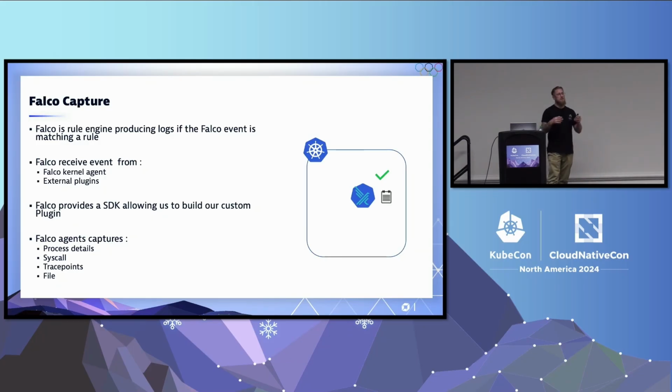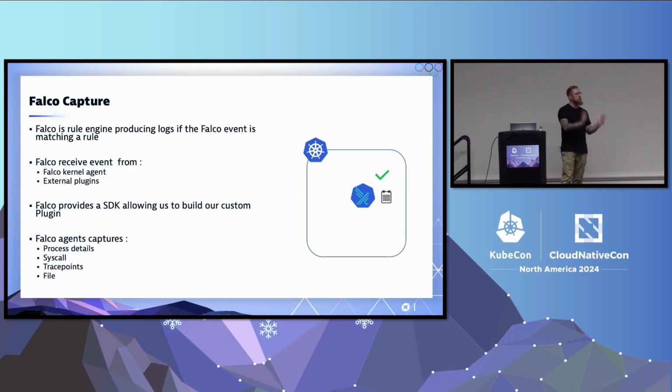Usually most of us in the industry use their daemon sets, the kernel agents that will capture those kernel events. So then you can build the rules based on the kernel events. But you can also have plugins, external data coming in. And the great thing is you have an SDK, which means if you want to, I don't know, create your custom rule that detects something outside of the cluster and feed it into Falco, that is actually possible.